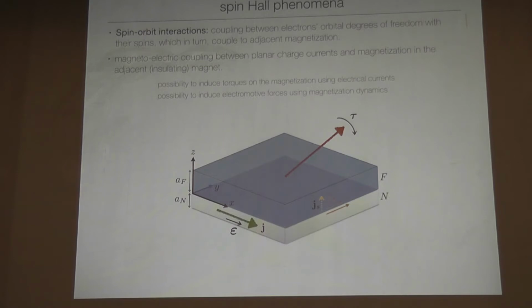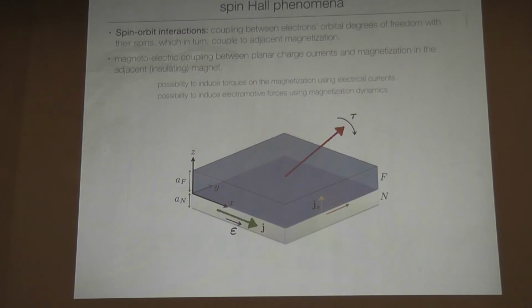And we know that spin-orbit interactions in this kind of heterostructure can give rise to magnetoelectric coupling between the charge current and the magnetization. In particular, the charge current can induce torques on the magnetization, and there's a reciprocal effect in which magnetization dynamics can induce electromotive forces in the adjacent normal metal.